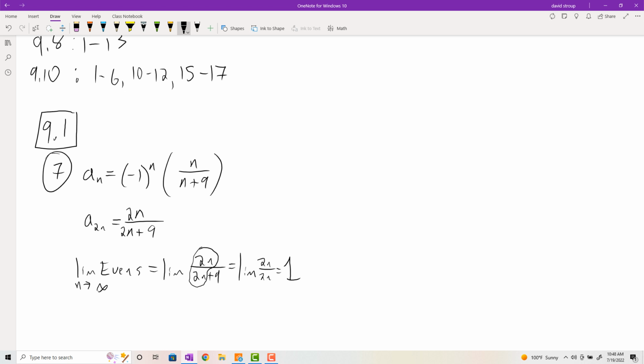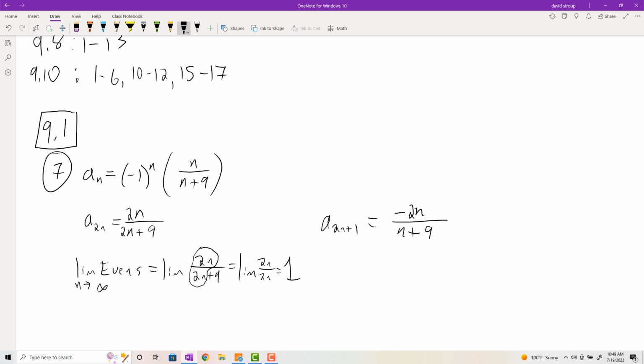Okay. Then we shifted our attention to the odd terms and noted in this case, they'll always be negative because the -1 is going to be raised to an odd exponent. So you'll have a negative there. And then essentially the sequence just works like the n over n plus 9.